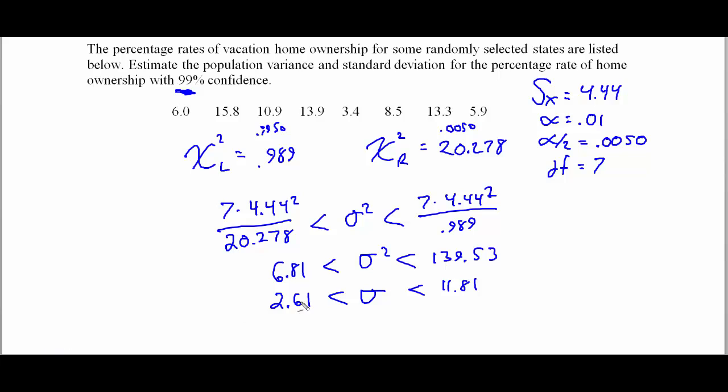What this means, and you can't see that because that question got cut off at the bottom of this, it says, what does this mean? It means we are 99% sure, and by being 99% sure, that gives us a pretty wide gap here.